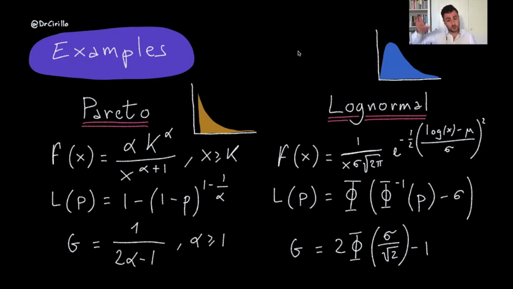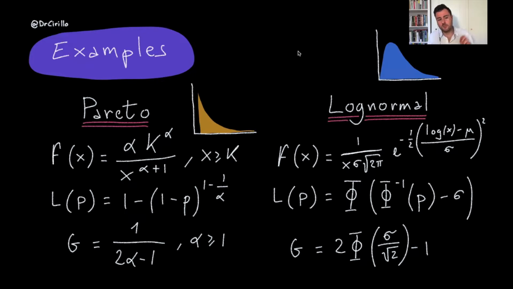I compute the quantile function, then I integrate the quantile function between 0 and p. I rescale for the average of my random variable, and I get the function 1 minus open parentheses 1 minus p close parentheses, everything at the 1 minus 1 over alpha exponent.